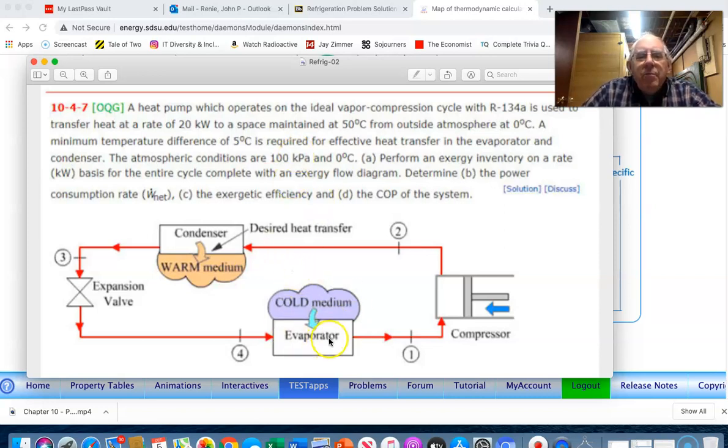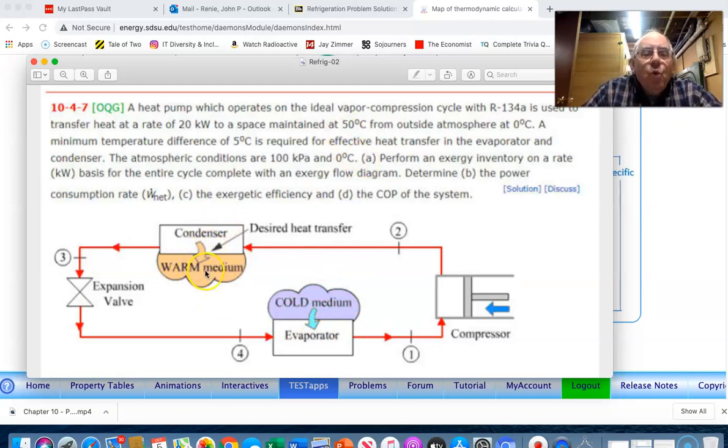And so what that implies is that the working fluid, the R134A, is going through this evaporator at 5 degrees below the 0 C. So the cold medium is 0, and the evaporator is running with a refrigerant that is at -5.